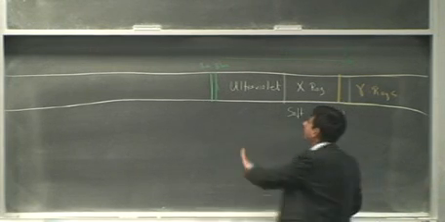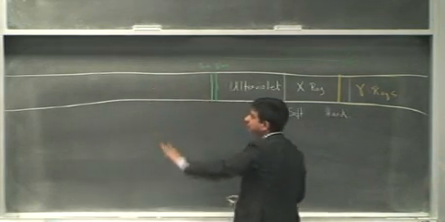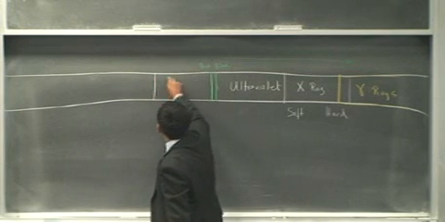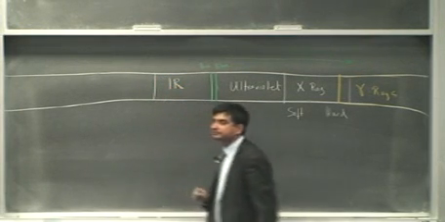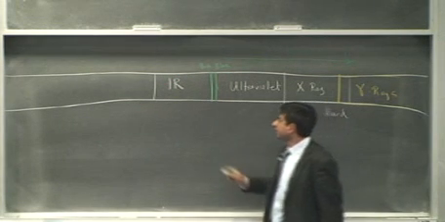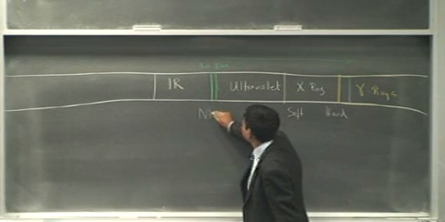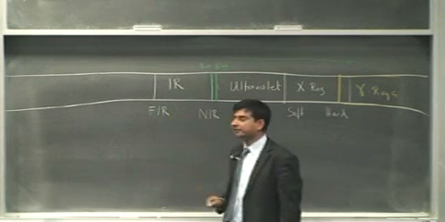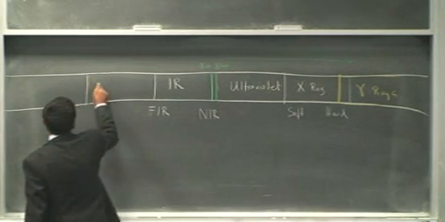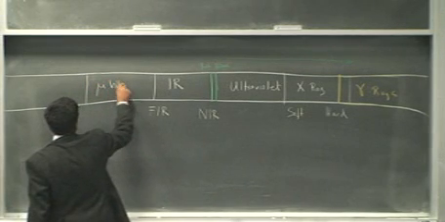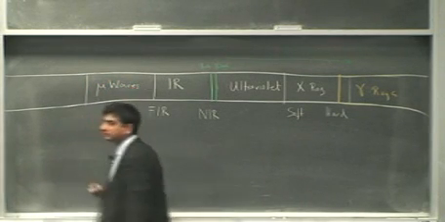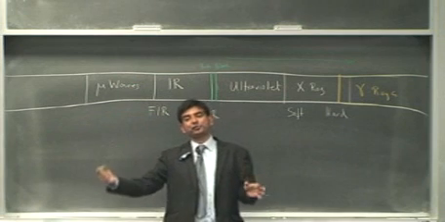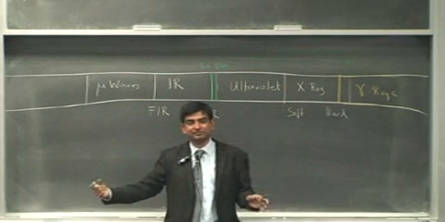Right? On the other side of the spectrum, lower frequencies, we have the infrared regime. This is called the near infrared. This is called the far infrared. Then we have microwaves. So there are microwave photons with a certain frequency.